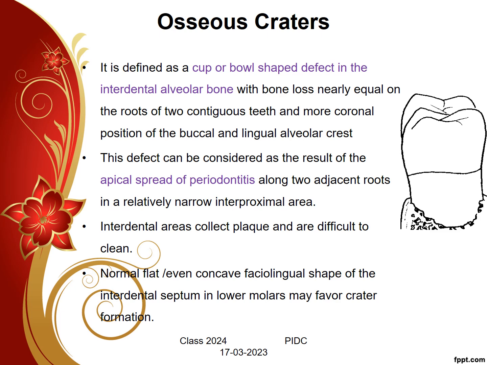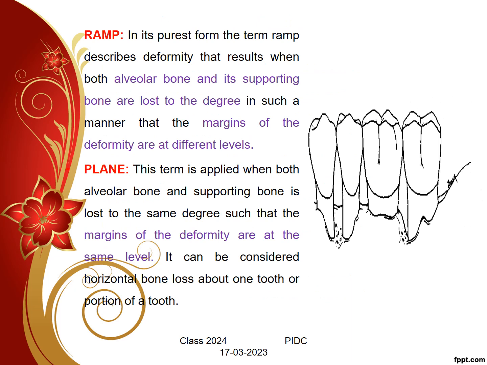So a normal or even flat or concave facial lingual shape of the interdental septum in lower molars may favor crater formation. Coming on to ramp, in its purest form, the term ramp describes the deformity that results when the alveolar bone and its supporting bone are lost to different degrees.